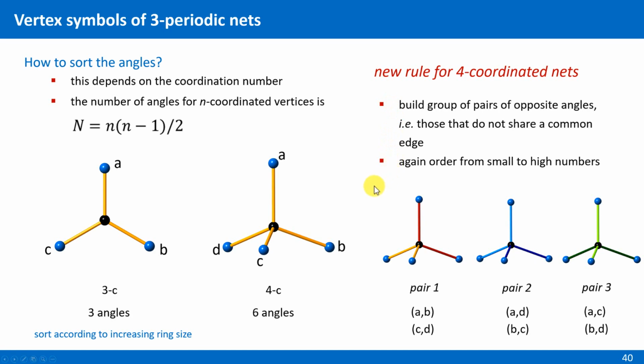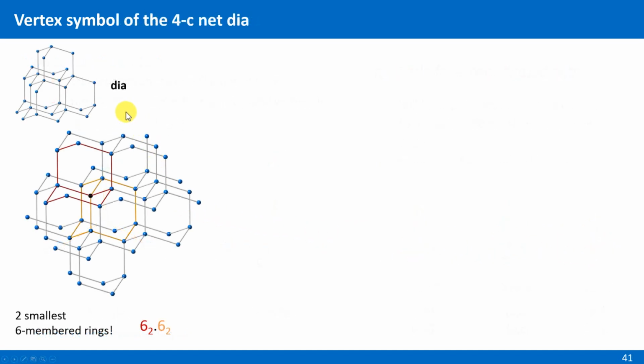So this means that we first have to look, for instance, at this orange and red pair, then at these 2 blue pairs, and finally these 2 green pairs. We can do this now for the well-known diamond net.